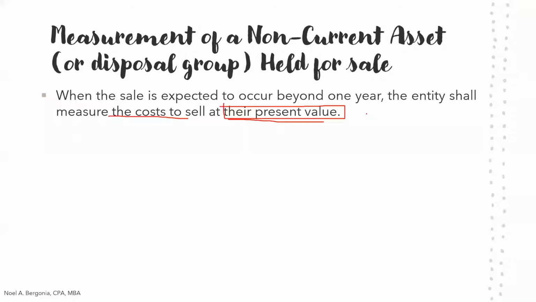Sir, how do we compute the present value? So what you expect, for example, after 1.5 years, or 2 years since we extended, just present value it using a single payment. So the cost to sell that you will pay after that 1.5 years or 2 years, depending upon the situation, let's say 100,000.